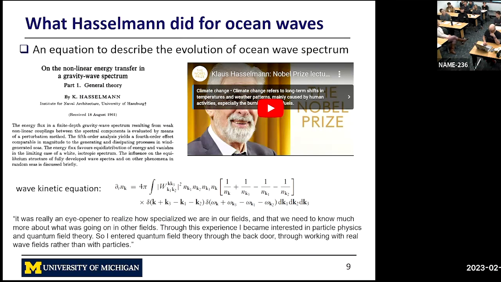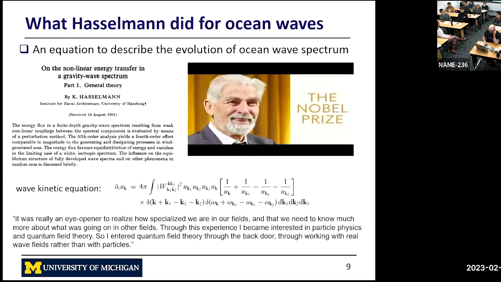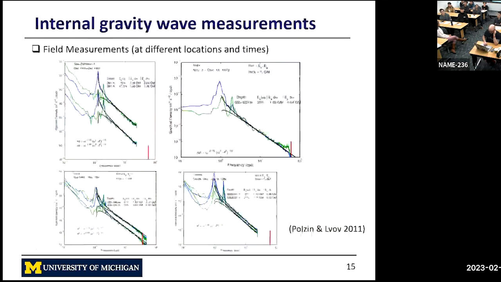In your slide on internal gravity waves, the spectra had a peak, and then there was a hard wall. What determines that? That length scale or time scale? This peak is basically the forcing of the ocean that comes from either the tidal forcing or the wind forcing.